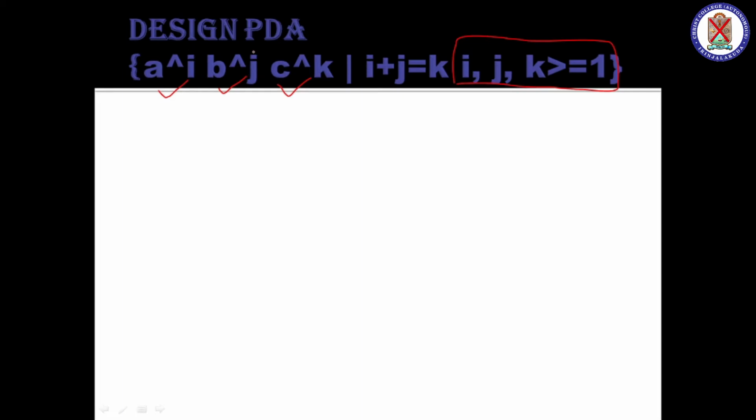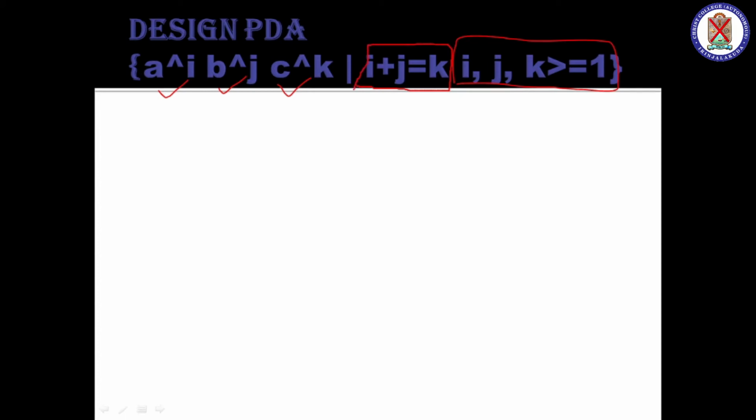This j also must be 1 or more than 1. k must be 1 or more than 1. That means at least one occurrence of a, b and c must be in that pattern.